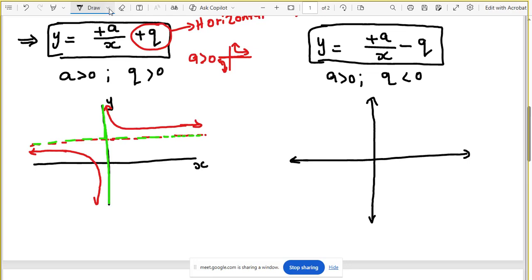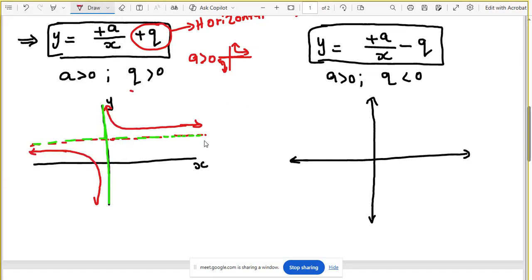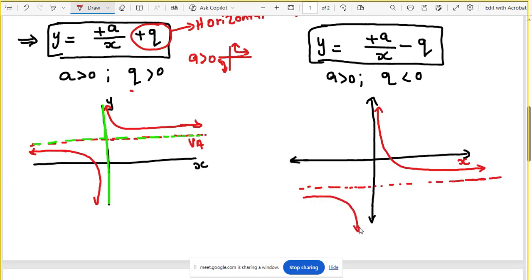Okay, let me quickly write this down. So the only thing that changed is the vertical asymptote, this is your VA, it will be below. If this is your x, it becomes below the x-axis. I'm not sure if you can see the difference. But your graph will still be in the first quadrant, but it should not touch that dotted line, and it will be in quadrant 3, but it should not touch the dotted line.